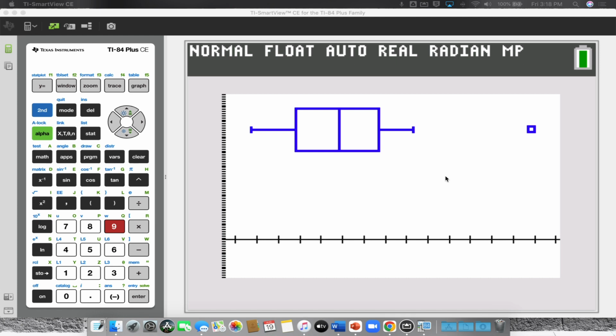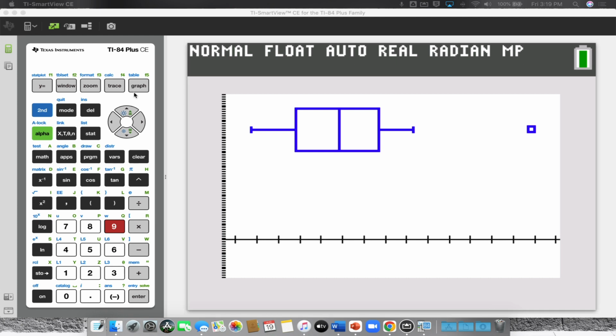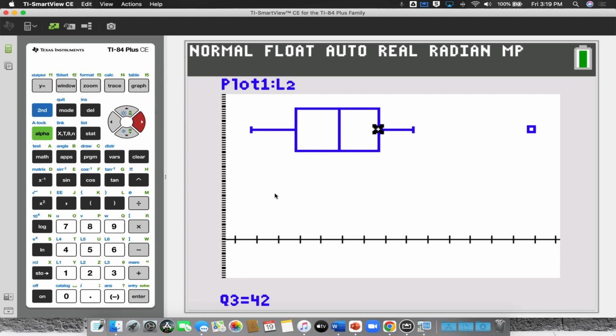Are there outliers? Yeah, there is. Looks like on the high side there are outliers. So you go to trace, 73. 73 is an outlier. Now you can use the equations too, but there's never going to be a time where I'm going to say you can't use a calculator. In calculus, we can't use a calculator a lot. In this class, we can use our calculator for anything.